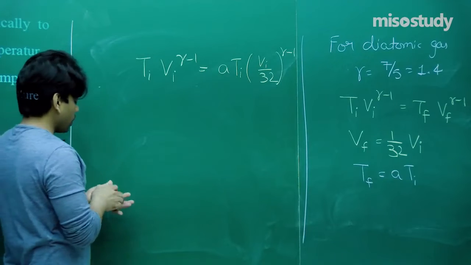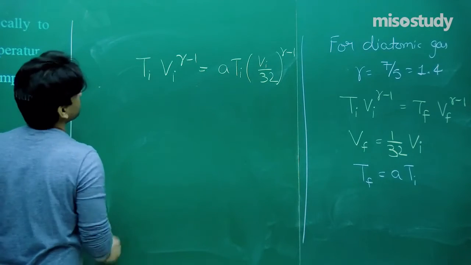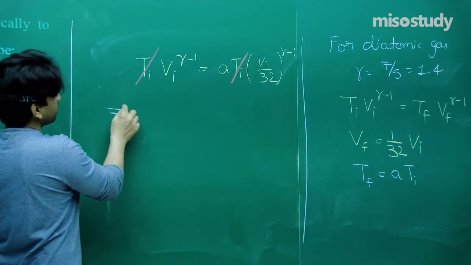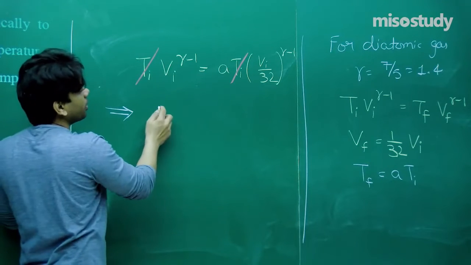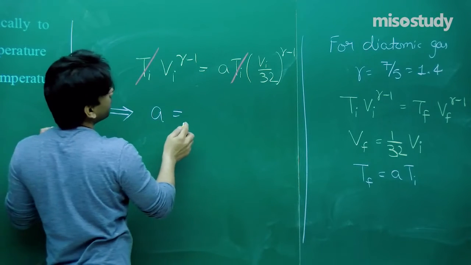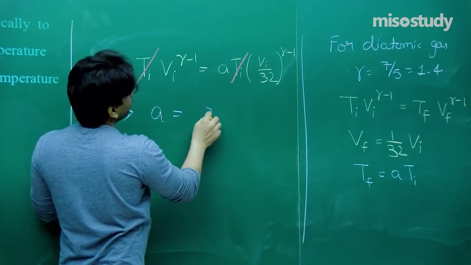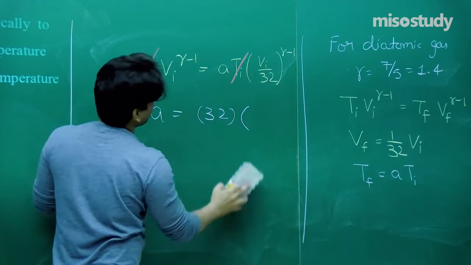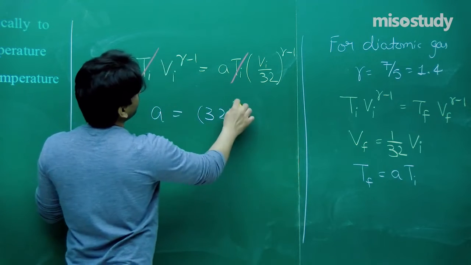Now you can cancel out some of the variables: Ti you can cancel out, and Vi will also be cancelled out. Because 32 is in the denominator, it goes to the other side, so you get A equals 32 to the power gamma minus 1.